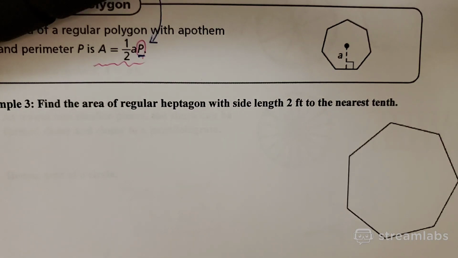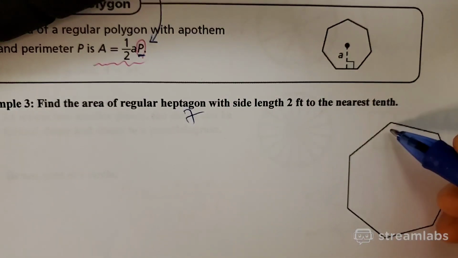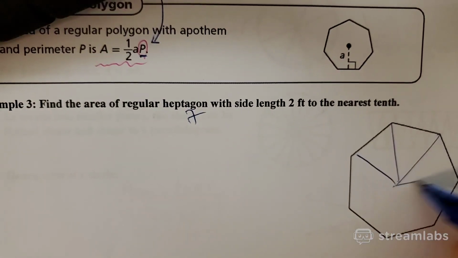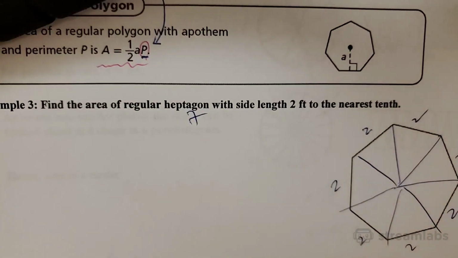So, what does heptagon mean? Heptagon has 7 sides, right? So that means I can cut the polygon into 7 pieces. It's not perfect, but you know, and 2 feet per side, they say.